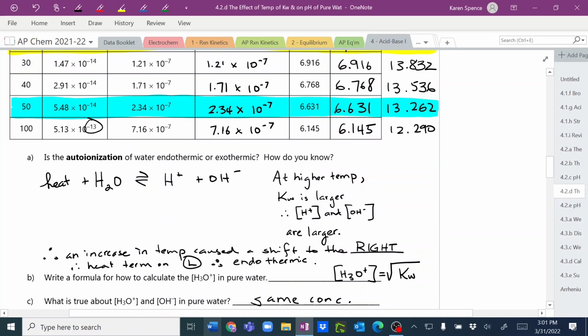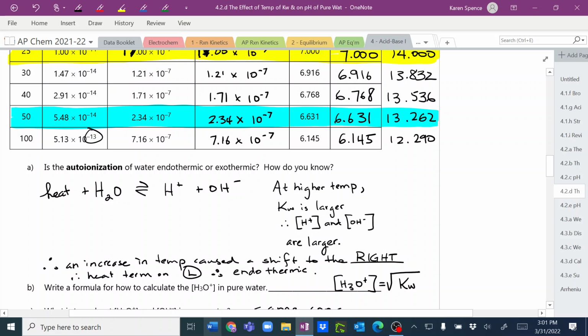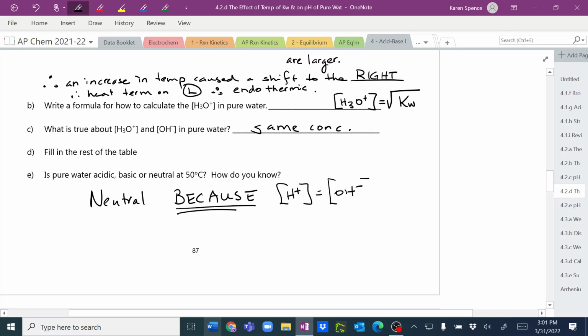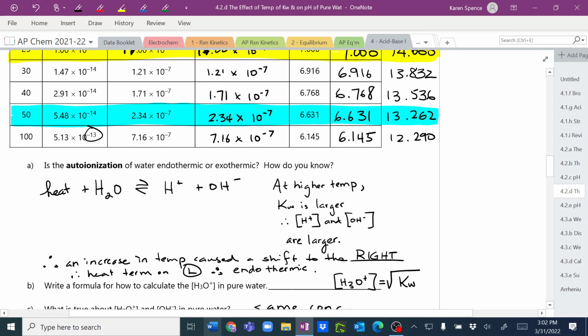Even though the pH is 6.631, that is neutral at 50 degrees Celsius because they equal the same. So neutral pH at 50 degrees Celsius is 6.631.